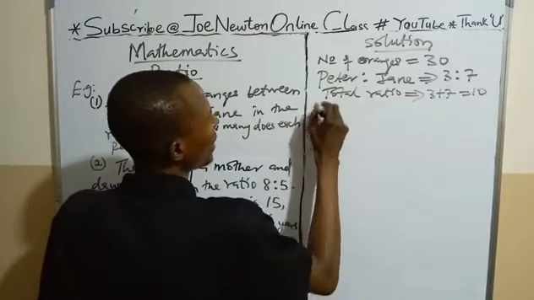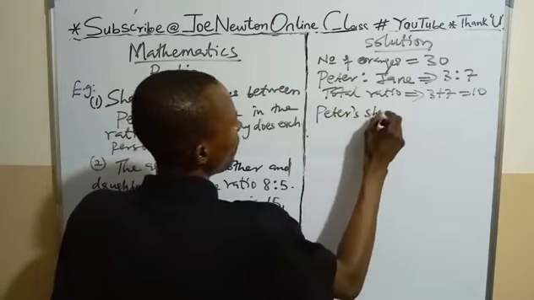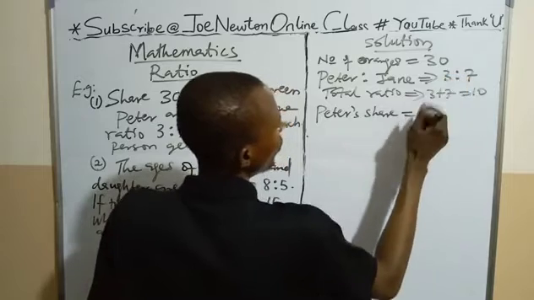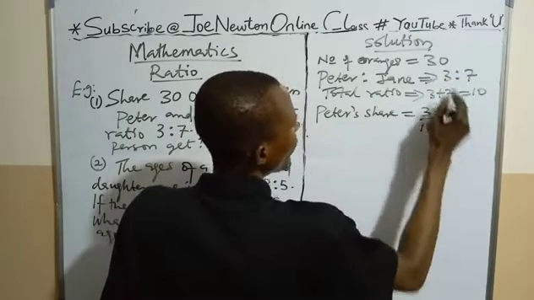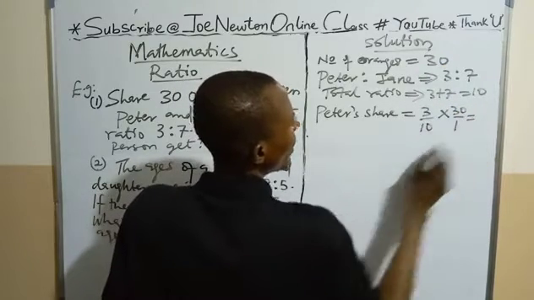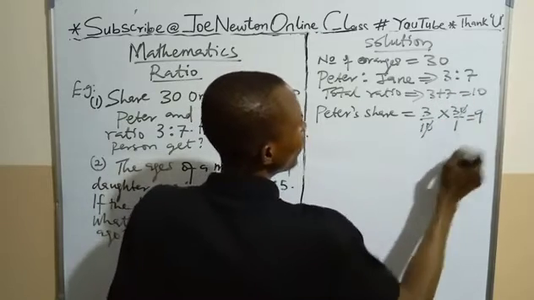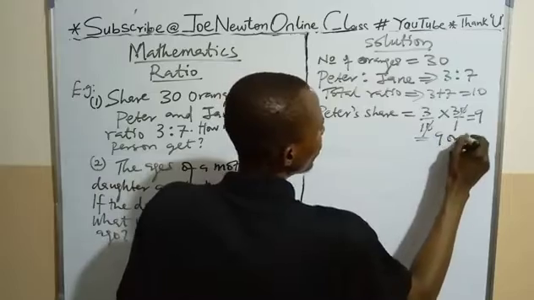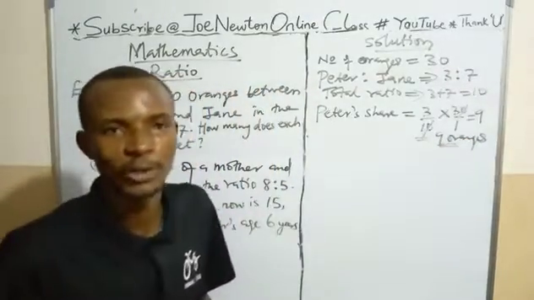Now, to know what each person gets, we have Peter's share. Peter's share will be equal to Peter's ratio, 3, over total ratio 10, times total oranges 30 over 1. Cancel 0 with 0. 3 times 3 is 9. So Peter will have 9 oranges as his own portion.